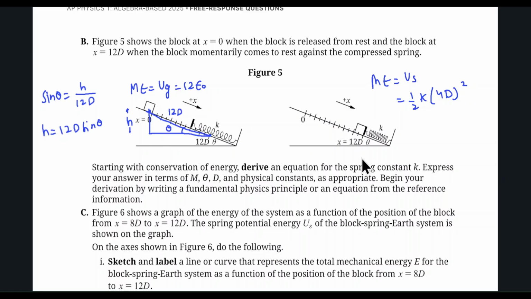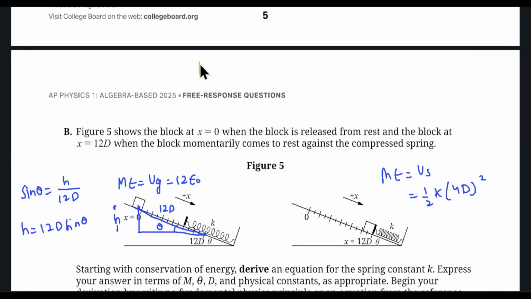So if we now conserve the energy, the initial energy is mgh. Let me make some space here. mgh, h is 12d sine theta, and that is equal to half k x squared. So half k, and the square of this is 16d squared. I'm going to take out one d from here.